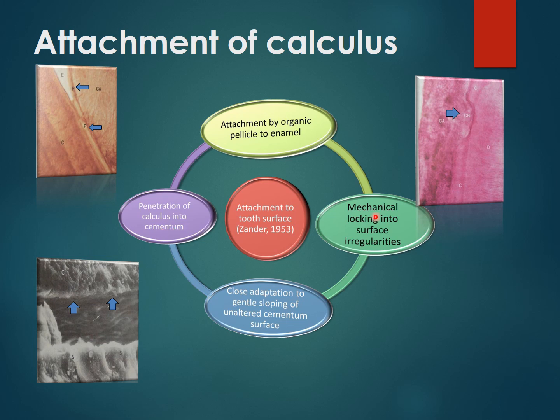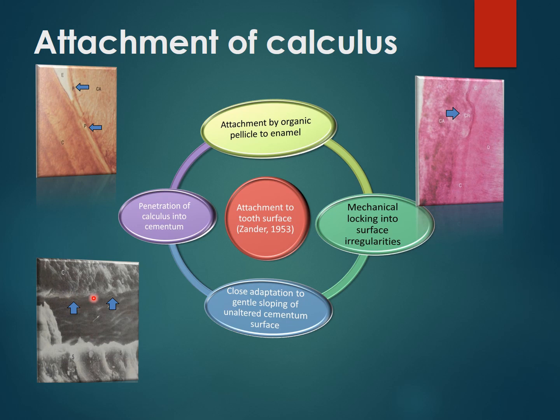You can see mechanical locking into the surface irregularities created on the surface of cementum. The calculus will attach to that, and there will be close adaptation to the gentle sloping of unaltered cementum surface, and penetration of calculus into the cementum.